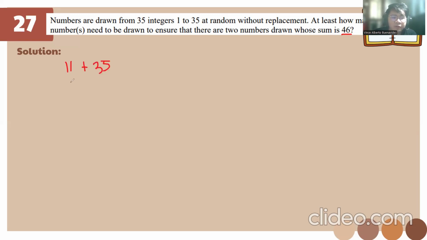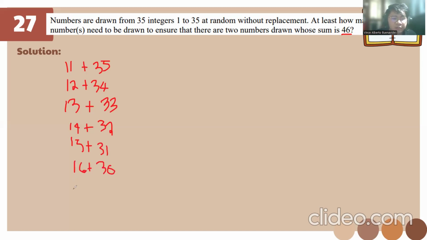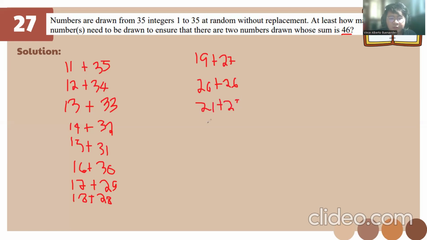Going further, we have 12 plus 34, 13 plus 33, 14 plus 32, 15 plus 31, 16 plus 30, 17 plus 29, 18 plus 28, 19 plus 27, 20 plus 26, 21 plus 25, 22 plus 24. We will be left with that because we can't add 30 anymore.